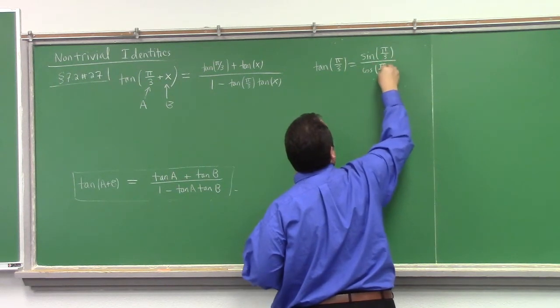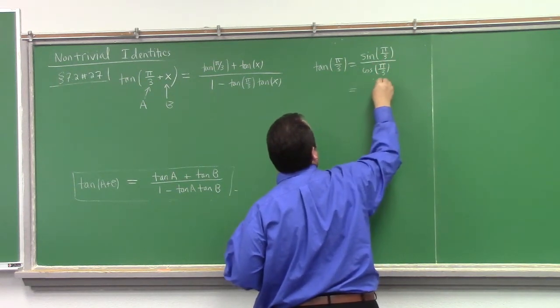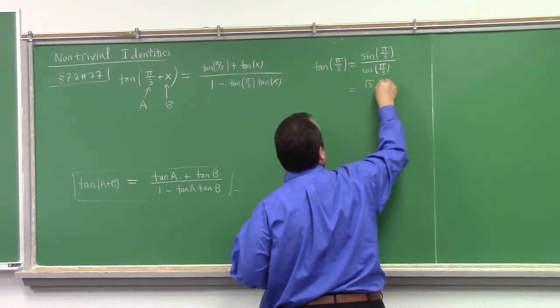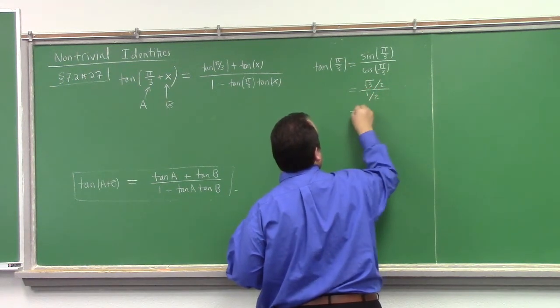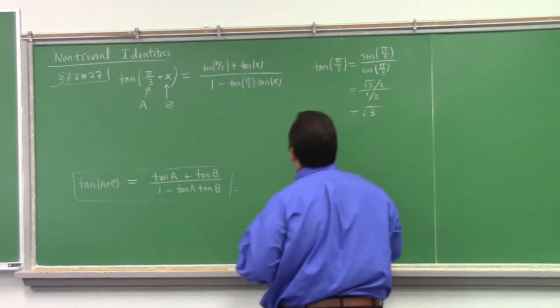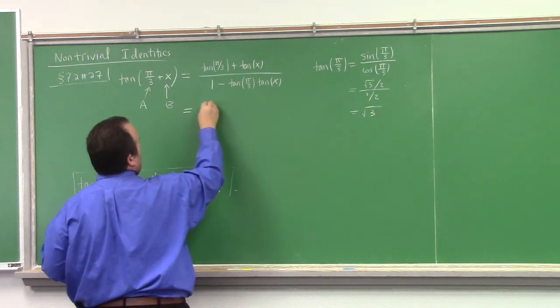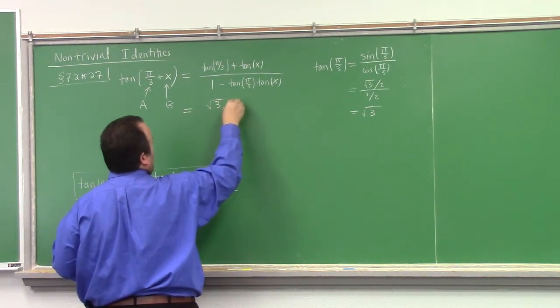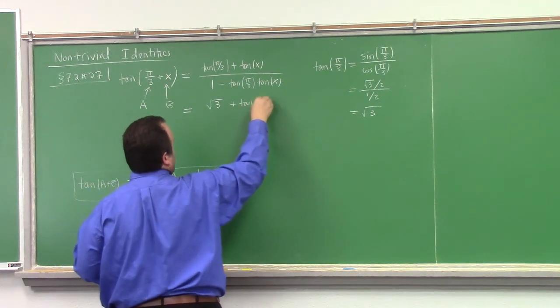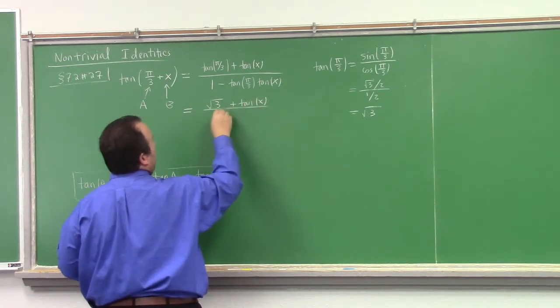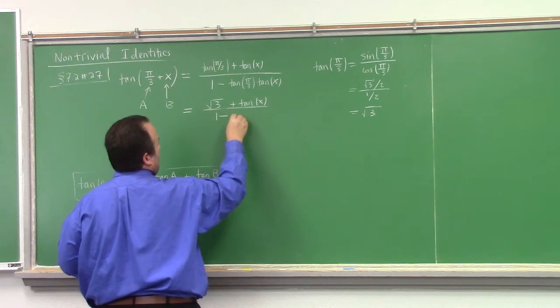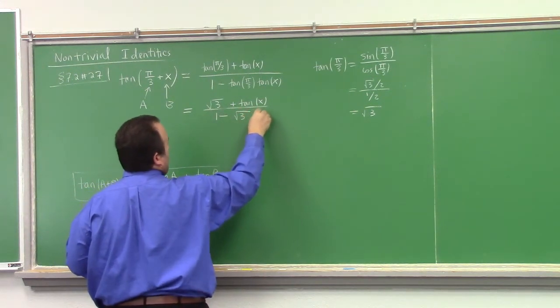You could pick up your calculator and do it if you wanted, but this is just easier for me. Root 3 over 2 divided by half, root 3. Tangent of pi over 3 is root 3. So what we got is the square root of 3 plus tangent x divided by 1 minus root 3 tangent x.